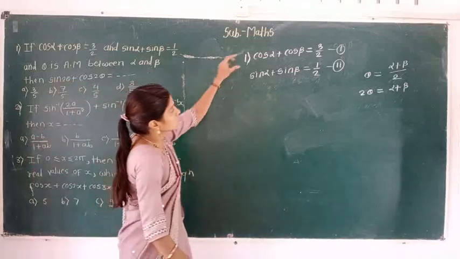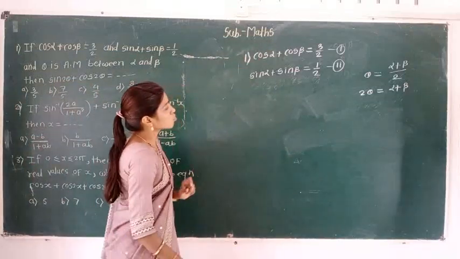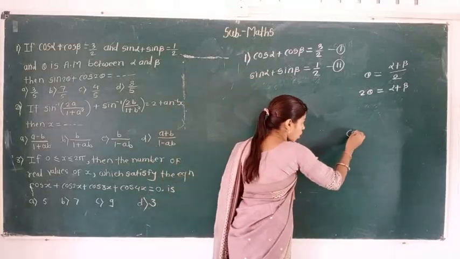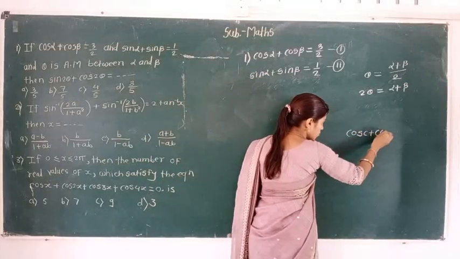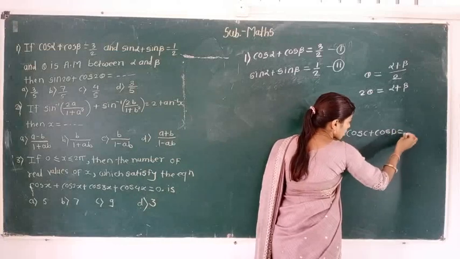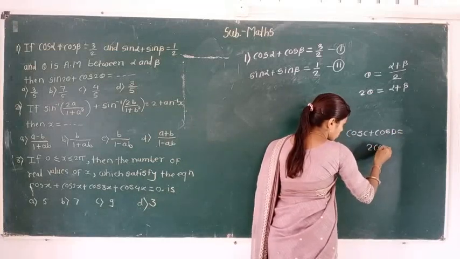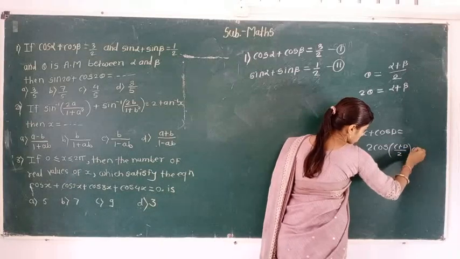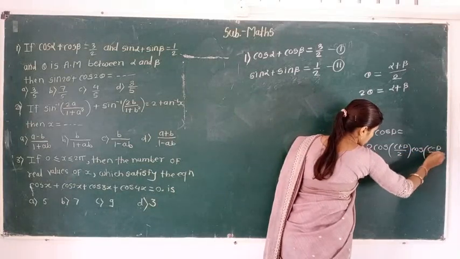From this equation we use the factorization formula: cos C plus cos D equals 2 cos of (C plus D) by 2 into cos of (C minus D) divided by 2.